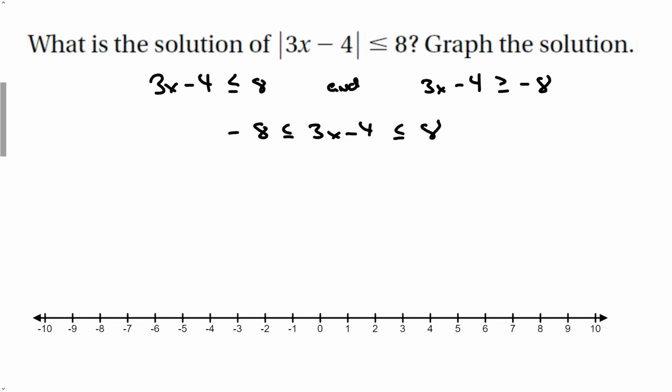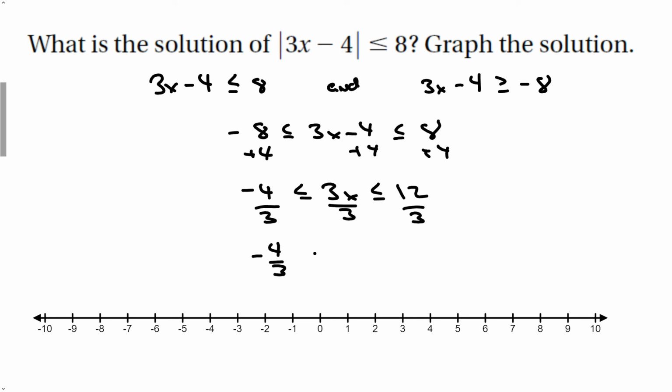Now I can solve this by adding 4 to all three parts, which gives me -4 is less than or equal to 3x, which is less than or equal to 12. Divide everything by 3. We get a fraction over here, that's okay. So -4/3 is less than or equal to x, which is less than or equal to 4.